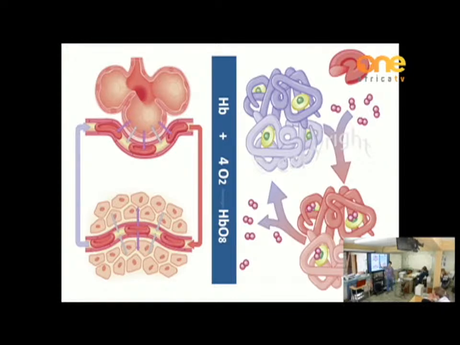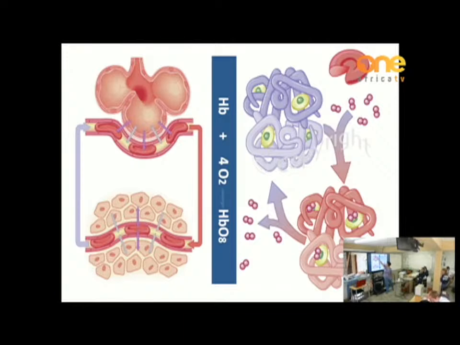So we know that in the alveolus, there is a high tension or a partial pressure of oxygen. That makes diffusion fast. High partial pressure, low partial pressure.